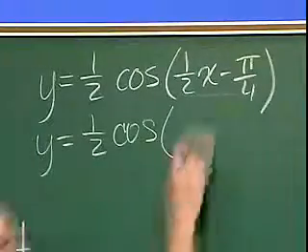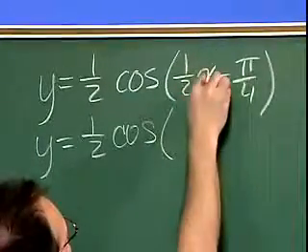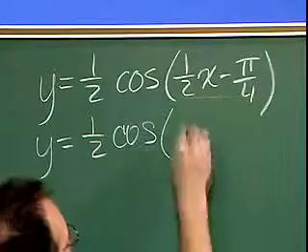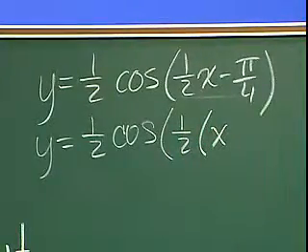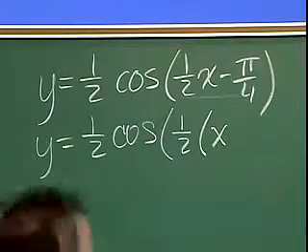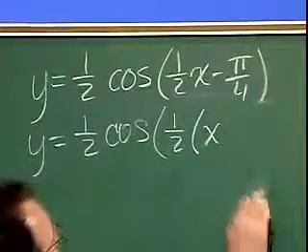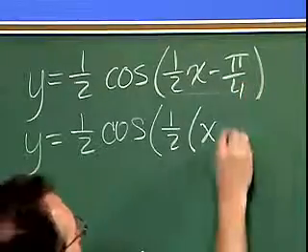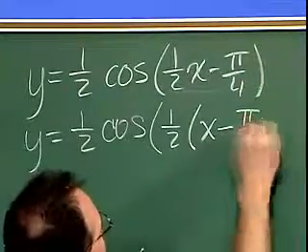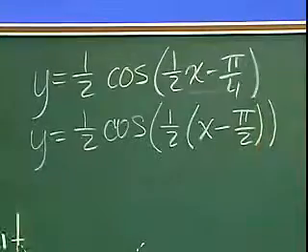I need to factor out the 1/2 so that the coefficient of x inside the parentheses is 1. And then, because I'm factoring out 1/2, I need to factor out 1/2 from pi over 4, which would leave me with pi over 2.